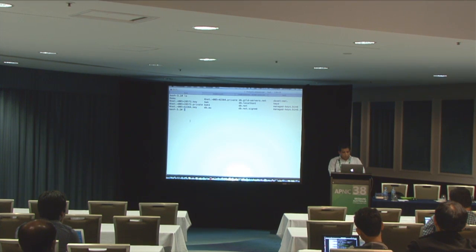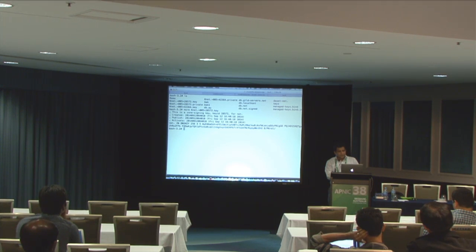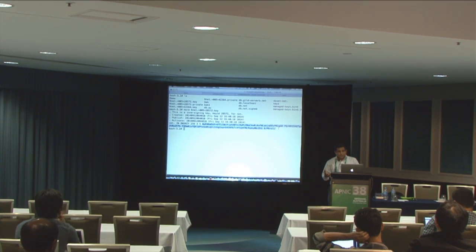So if I open, say, one of these, 28.key, this is what I have, right? This one is the zone signing key, and that's my public key, which I'm publishing in my zone, right?